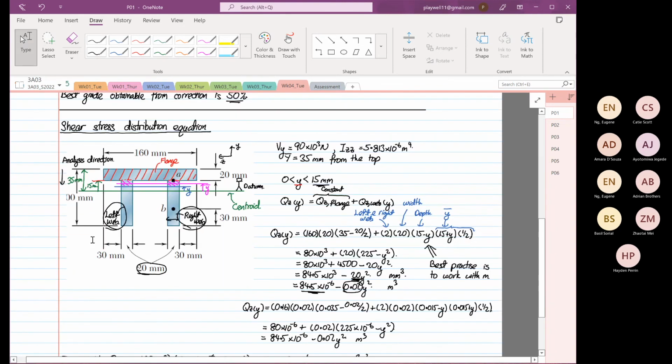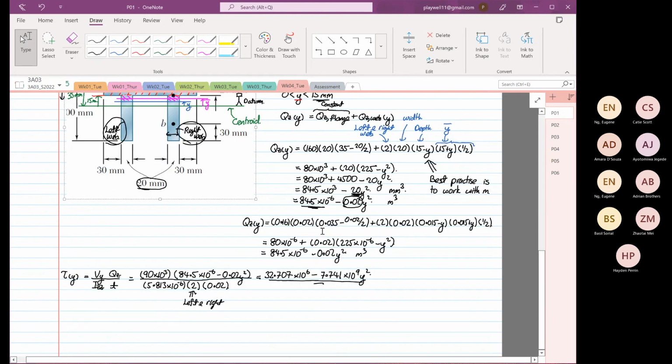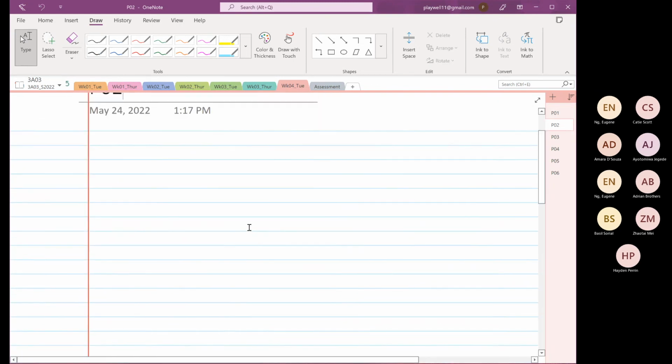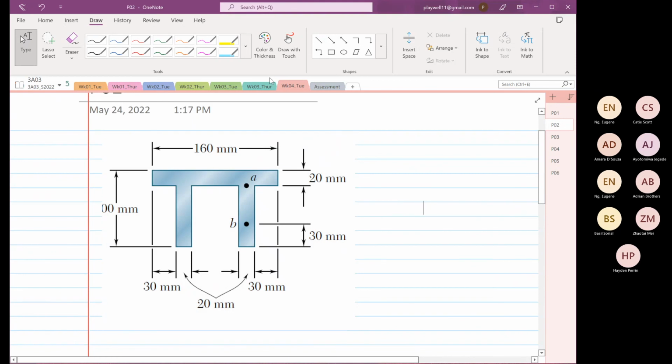So I'm going to take the same figure. Okay, so what I mean by that is, we're going to look at the centroid. Okay, not happening.